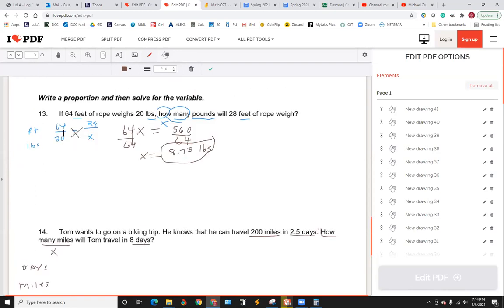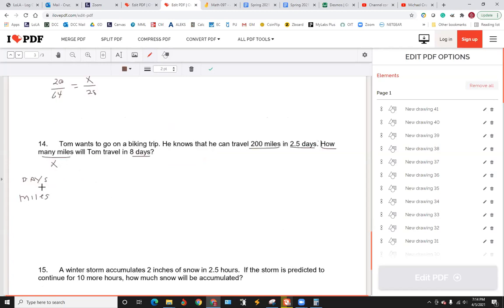We could have solved this as 20 over 64, and we would still end up with the same thing, you see? So all you got to do is just line up going across.